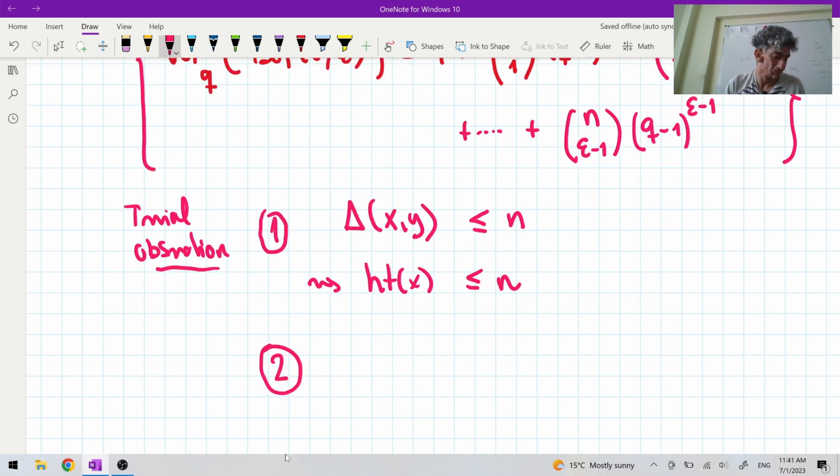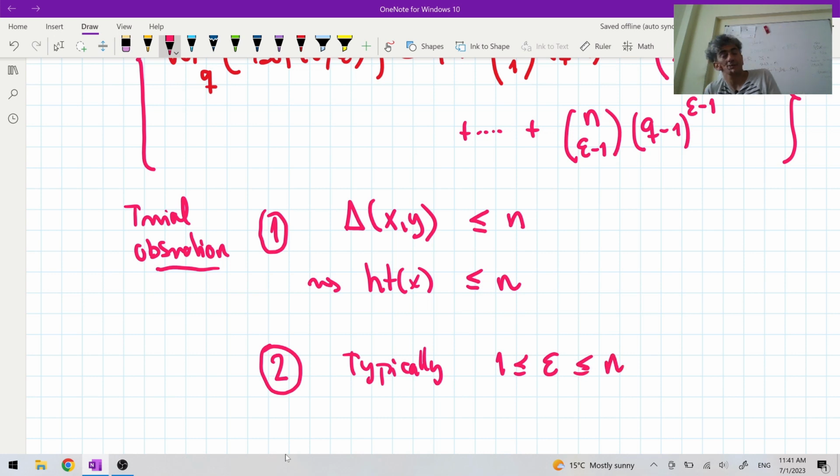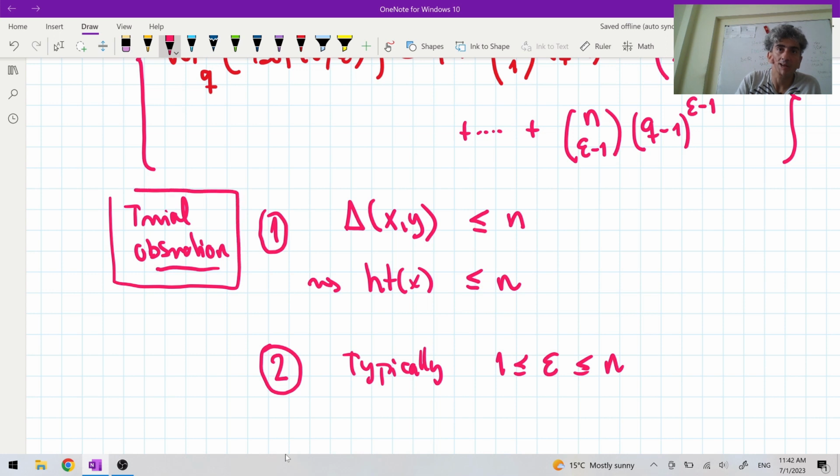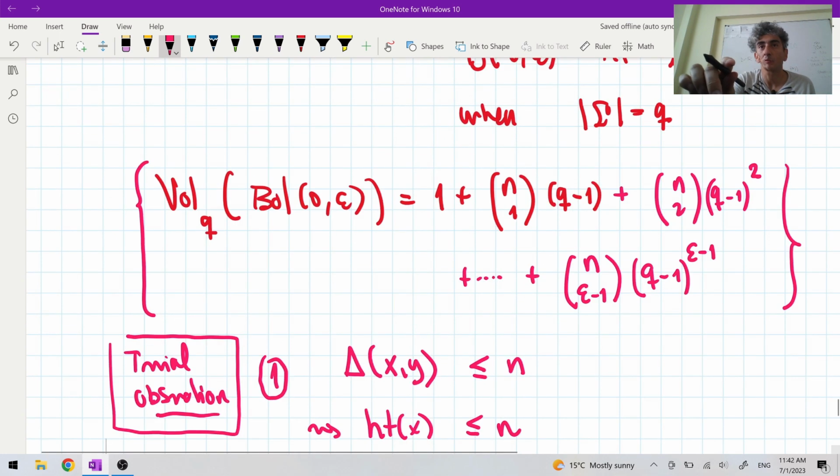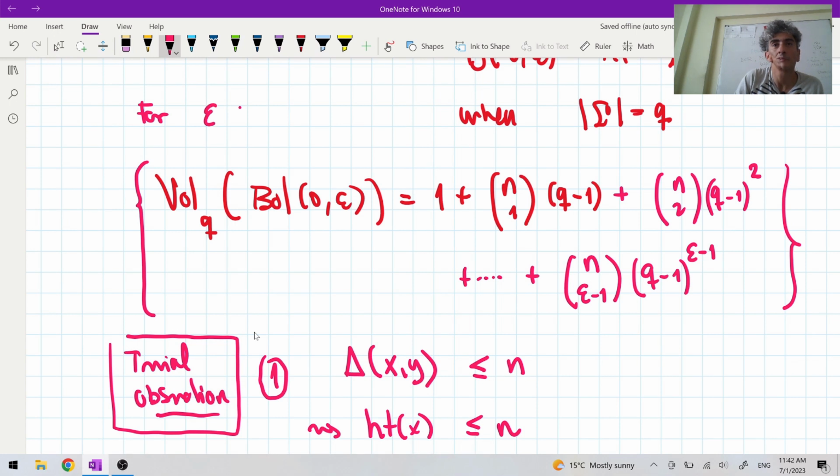Second, typically epsilon is an integer between 1 and n. All right, so this will give us some idea of what to expect when we have an epsilon over there.